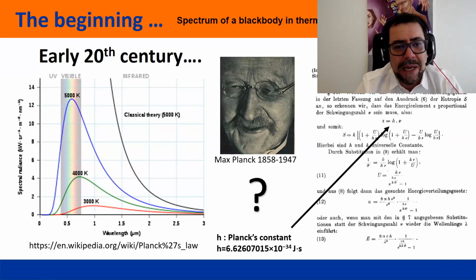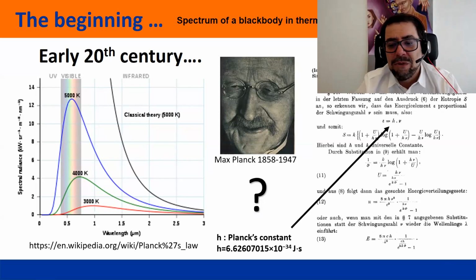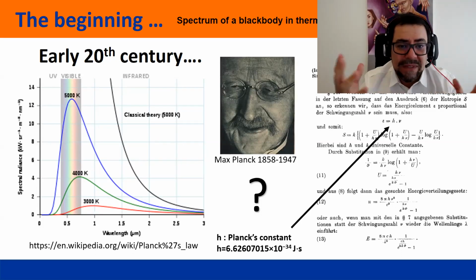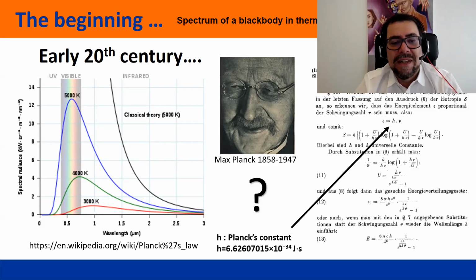By the way, Max Planck was a theoretical physicist, and nobody knew why light would behave in this way and why we need to introduce a new universal constant into the understanding of the universe.